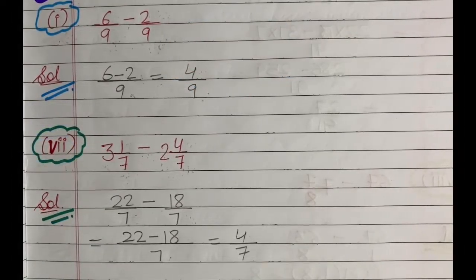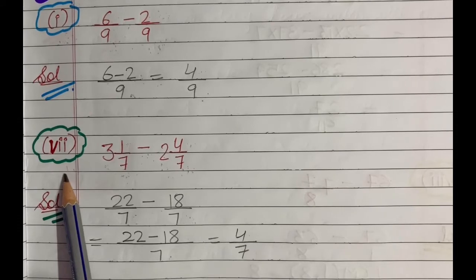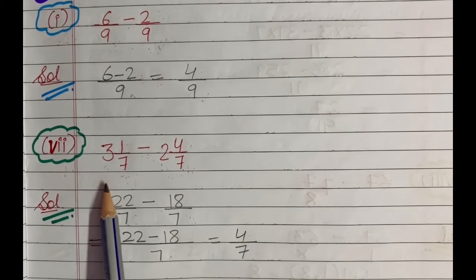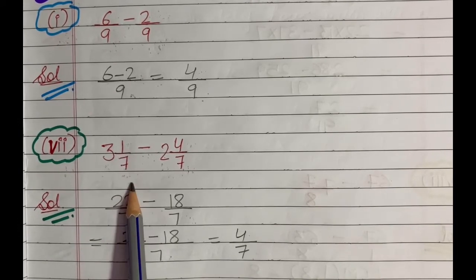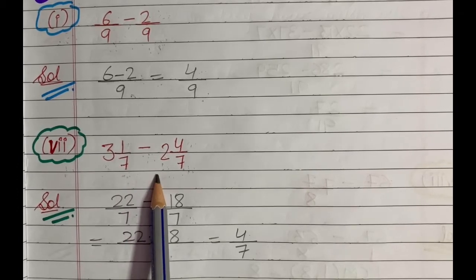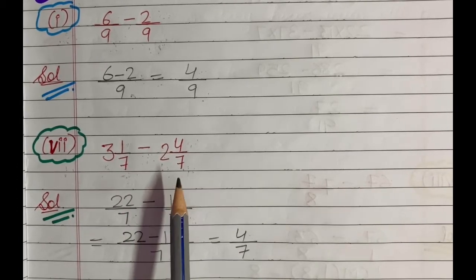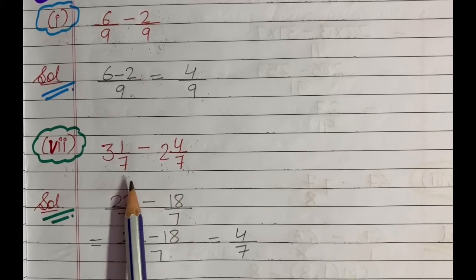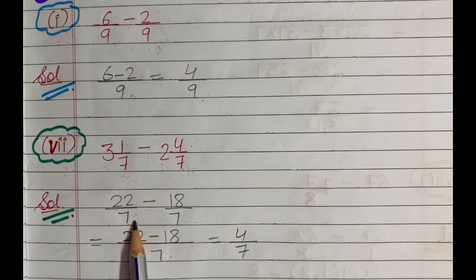Now students, next I have taken the 7th part of the same question, and it says 3 whole 1 by 7 minus 2 whole 4 by 7. Now students, first of all we will convert these mixed fractions into improper fractions, and on converting them we will get 22 by 7 minus 18 by 7.